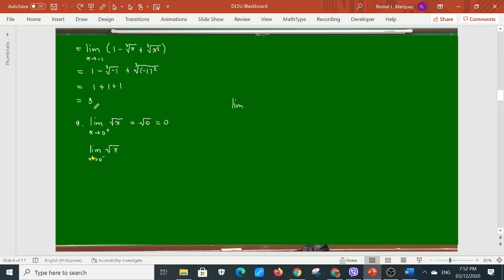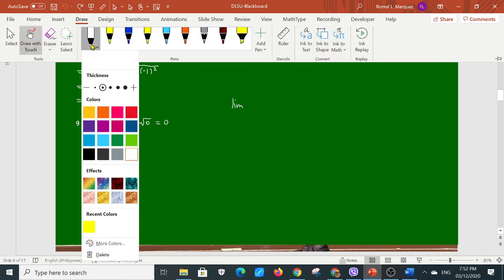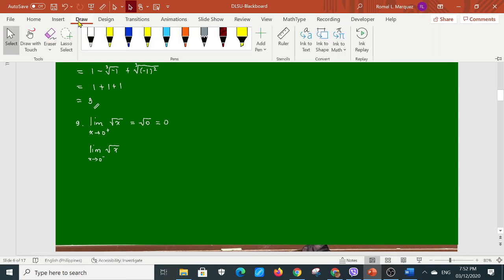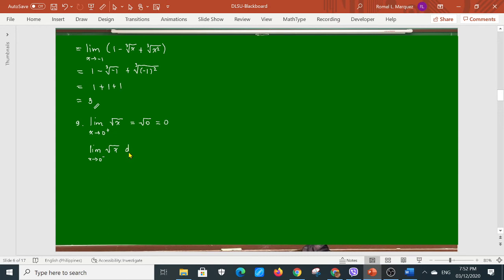When you draw the graph of this, it does not come from the left. There is no graph from the left. Therefore, what's the limit? Does not exist. So see the difference, children? If coming from the right, I can apply the substitution technique because the values are not through negative values. Since this goes to 0 through positive values, I can apply substitution and the limit of that is 0.